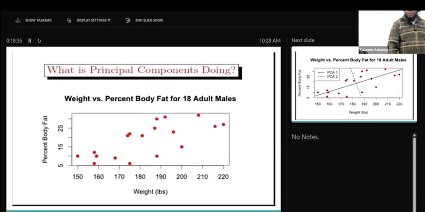Okay, so the idea of the principal component analysis is to reduce the dimensionality. When you have high dimensions, the situation will look so complicated.